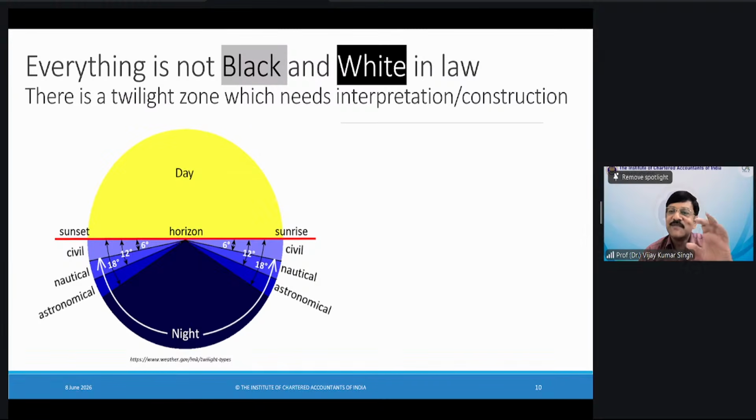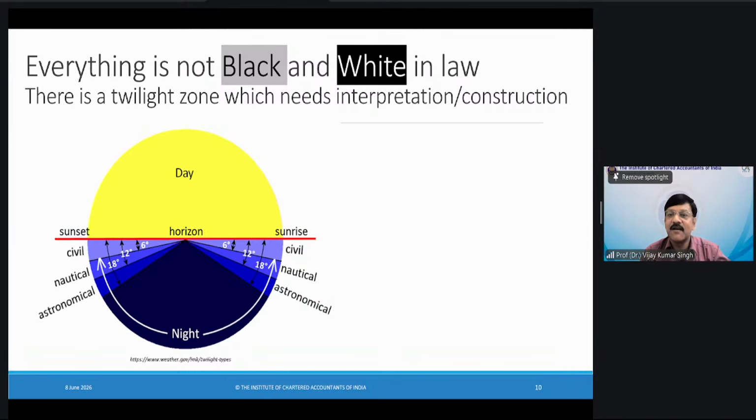Nowadays, by the way, in mathematics also, they are saying 2 plus 2 is equal to 5 because they are trying to build synergy into it. So law is not black and white. There is always a twilight zone which needs interpretation and construction. And hence there is a requirement of interpretation.